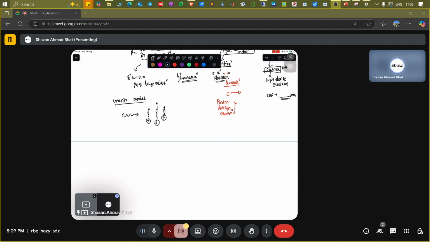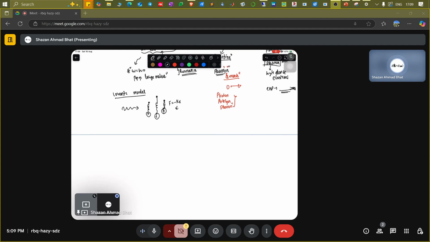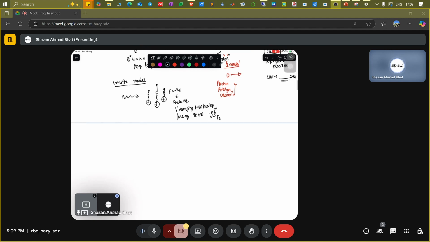Depending upon the restoring force, F equals minus kx, you wrote a force equation which consists of a damping parameter gamma, and the forcing term on the right hand side of that differential equation, which is the charge times the electric field, the electric force because of the electromagnetic wave.